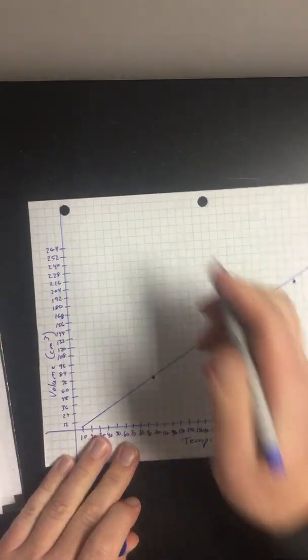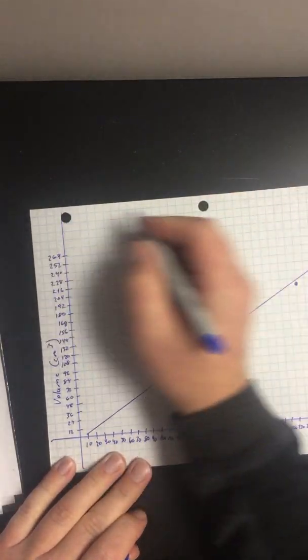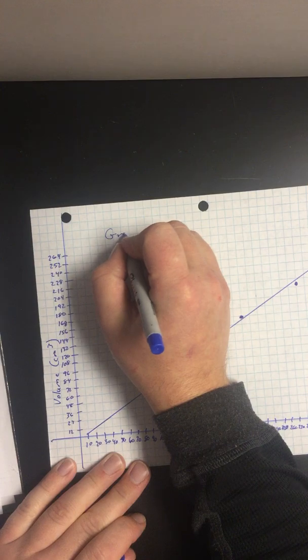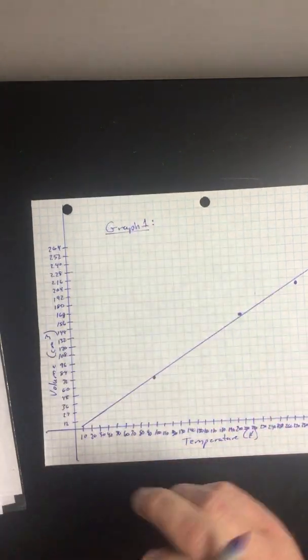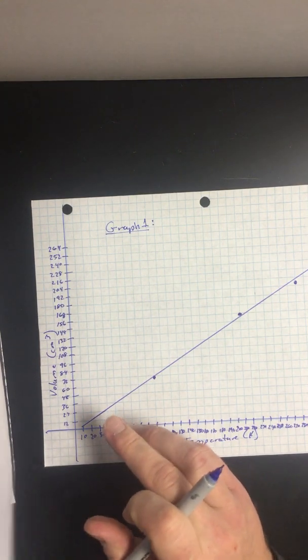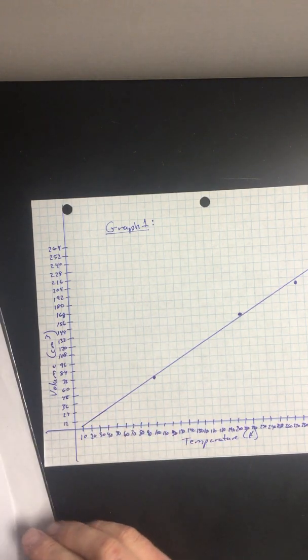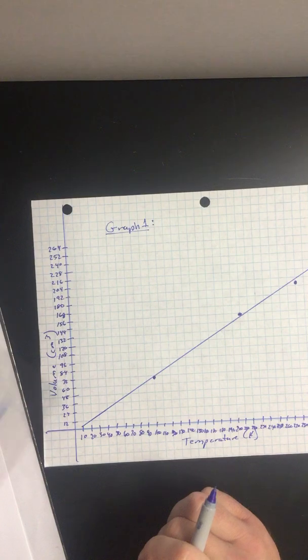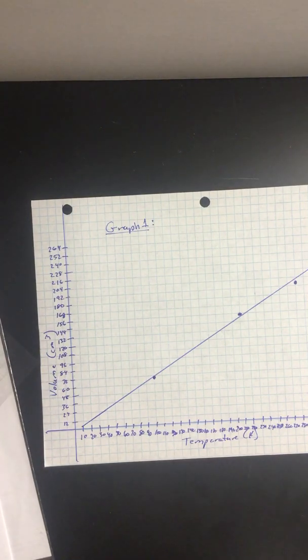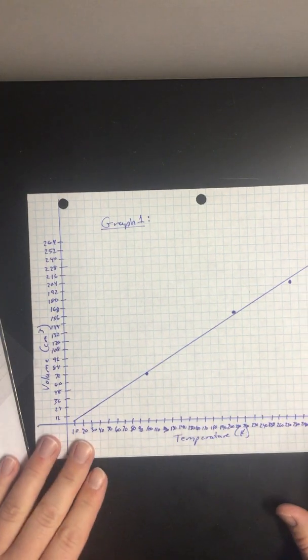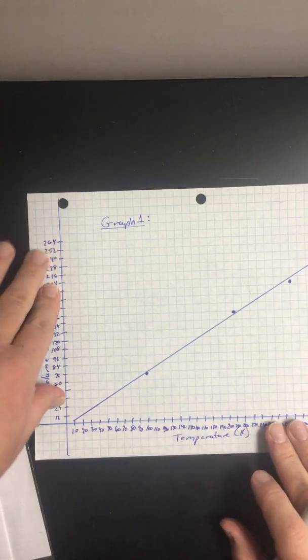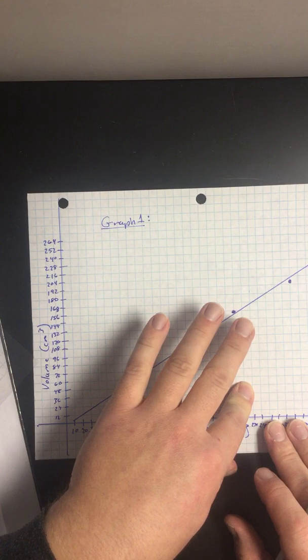All right, and the last thing we need to do, remember, no grade zone up top, so we need to write graph 1, and we need to label what it is. So what are we going to label this thing? All right. So the way we tend to label line graphs is the y-axis versus the x-axis.